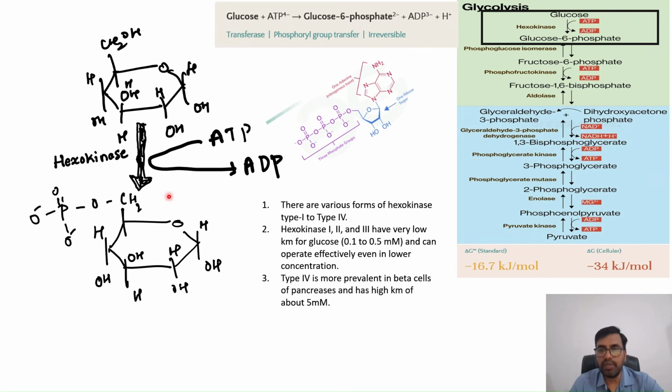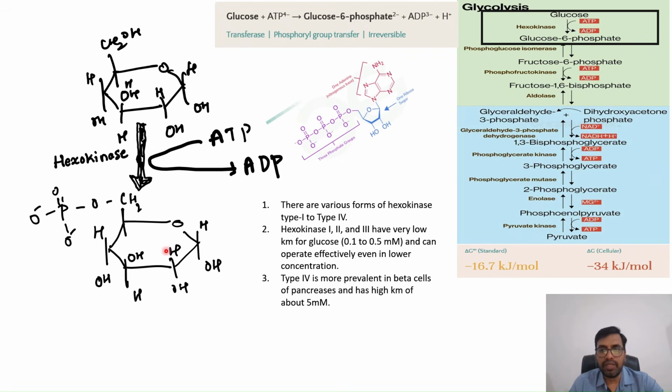Once it comes into the cytosol, there is a high chance that the glucose molecule can go out through that same glucose transporter. When this glucose is converted into glucose 6-phosphate by the enzyme hexokinase, that phosphorylated glucose is blocked inside the cell. It cannot go out of the cell.